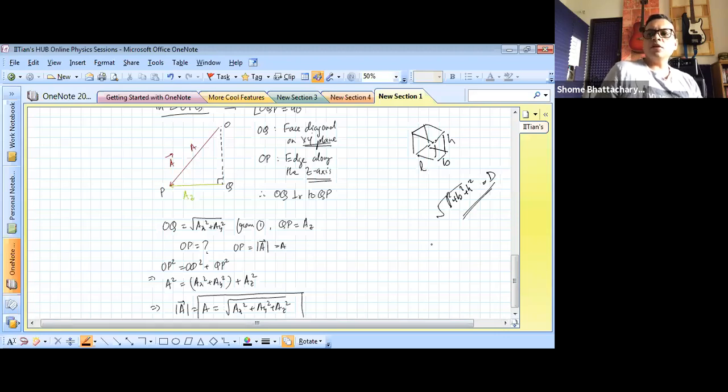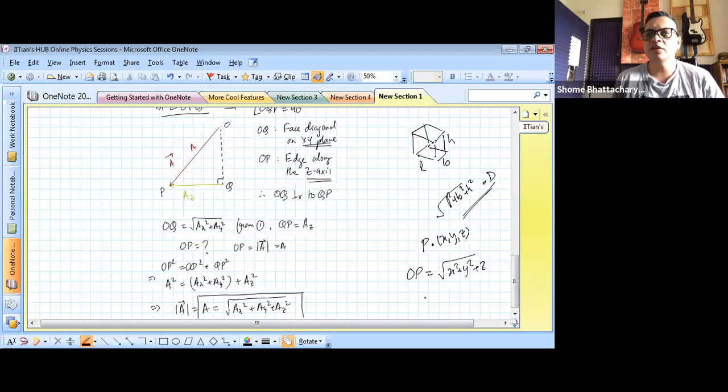Ananya, to answer your question, when you do three-dimensional coordinate geometry in maths, you will see that just like in 2D we write the coordinates of a point as x, y, in 3 dimensions we write the coordinates as x, y, z. And if a point is given by the coordinates x, y, z, then the distance of the point from the origin is root of x square plus y square plus z square.